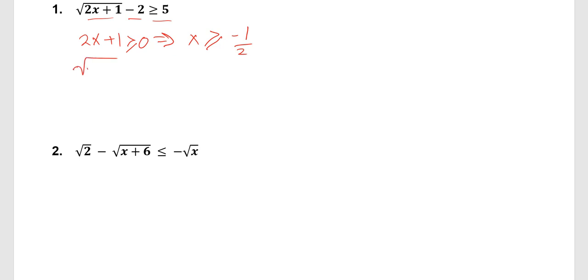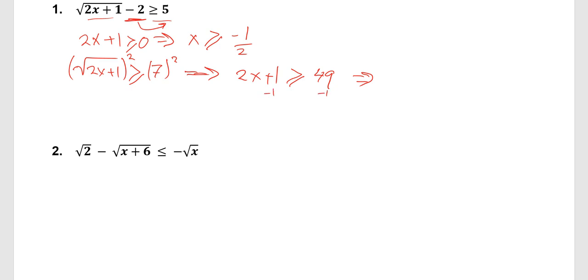entire inequality. So the square root of 2x plus 1, and then I can bring the minus 2 to the right hand side as plus 2. So greater than or equal to 5 plus 2, which is 7. Square both sides. So that gives us 2x plus 1 is greater than or equal to 49.